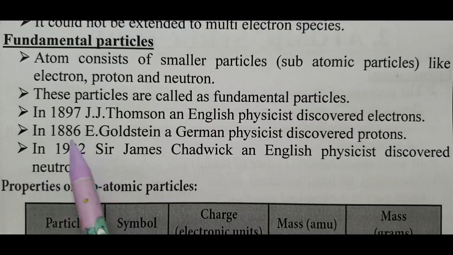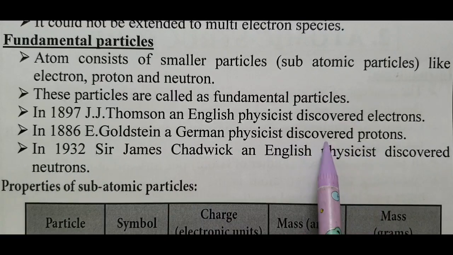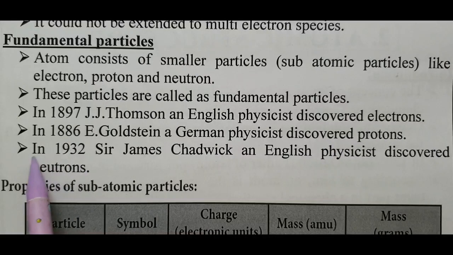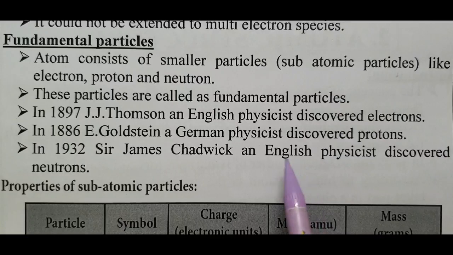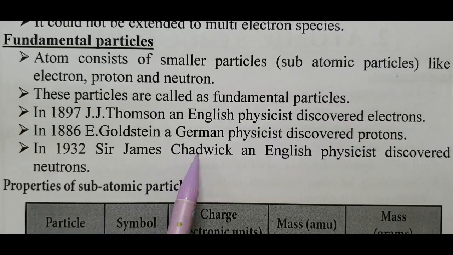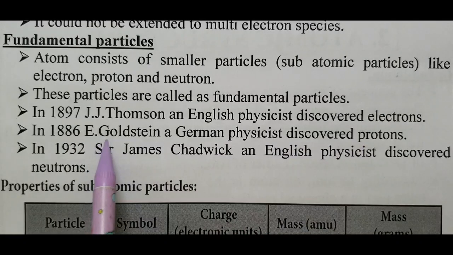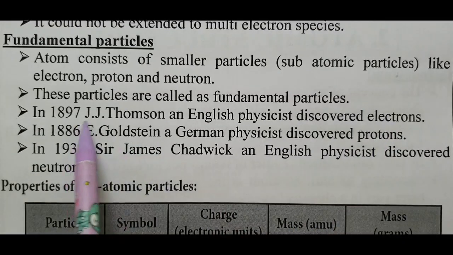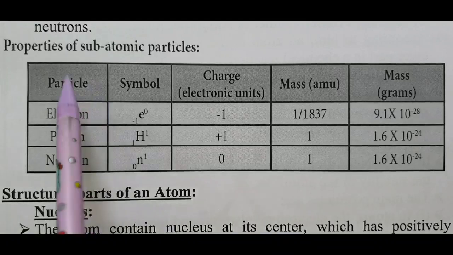In 1886, E. Goldstein, a German physicist, discovered the proton. And in 1932, Sir James Chadwick, an English physicist, discovered the neutron. So, the neutron was discovered by Chadwick, the proton by Goldstein and the electron by J.J. Thomson. What are the properties of these subatomic particles?